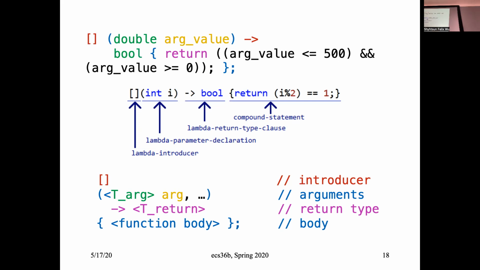So it's called the lambda introducer. In this example, I didn't put anything in it. It's just a left bracket and a right bracket. But you could put some letters in there to indicate the mode of the lambda expression. Let's not worry about that right now. Let's just assume there's nothing. This is a regular lambda expression.